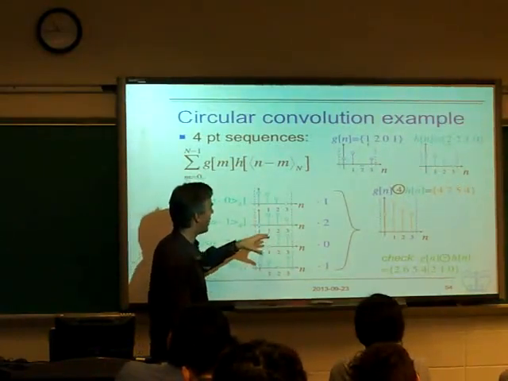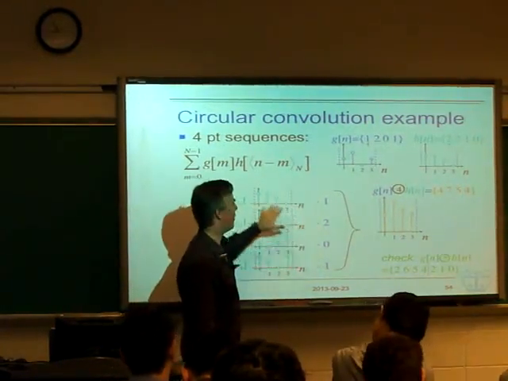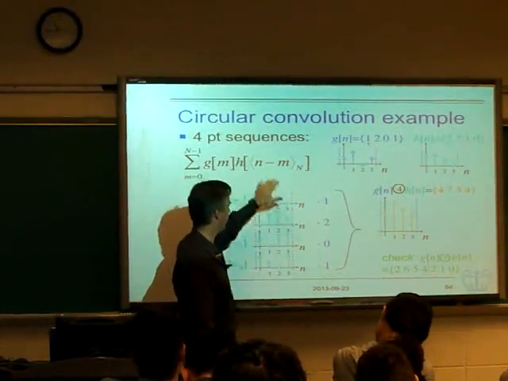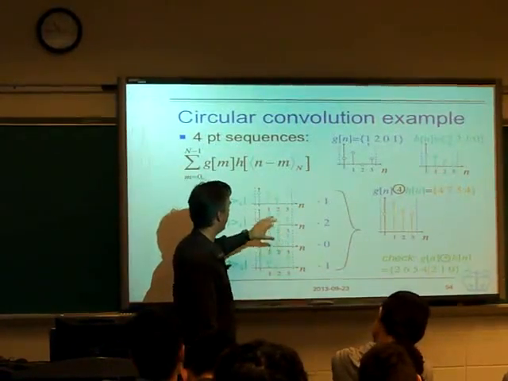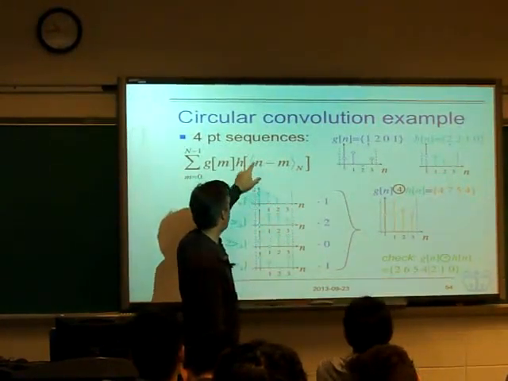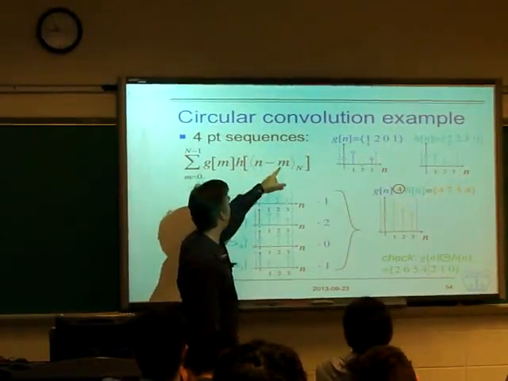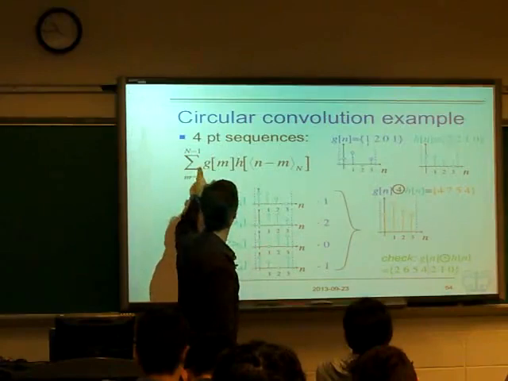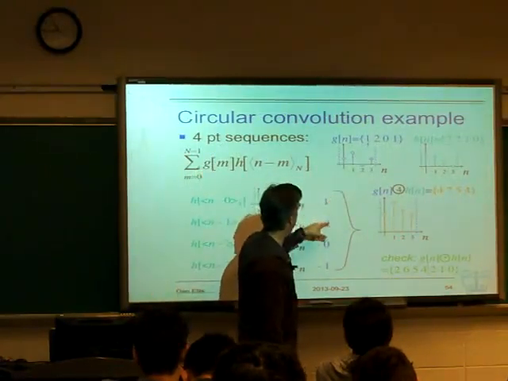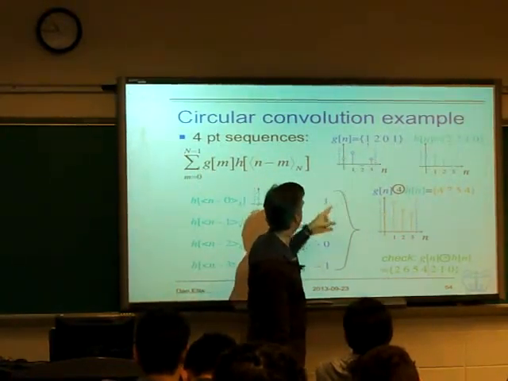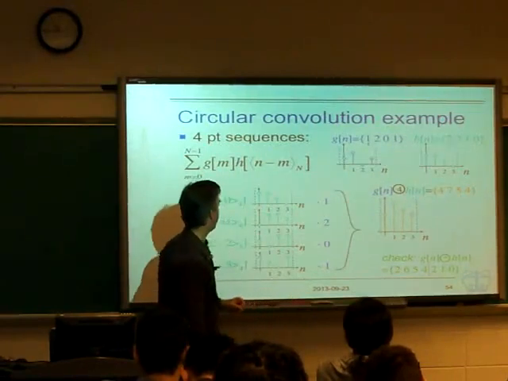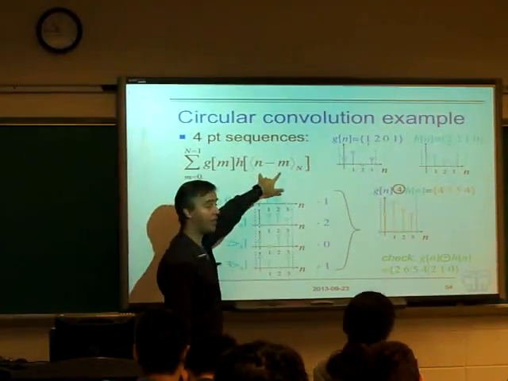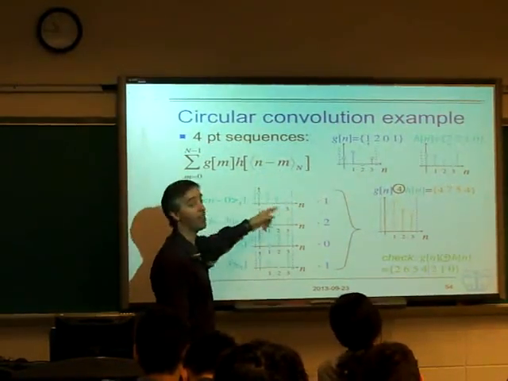This is the one where we take a weighted sum of time-shifted versions of one of the sequences. I'm shifting h by every possible value of m, multiplying that shifted version by the value of g at that shift, g of m for m equals 0 through 3. But now when I shift h, it's circular time shifting.